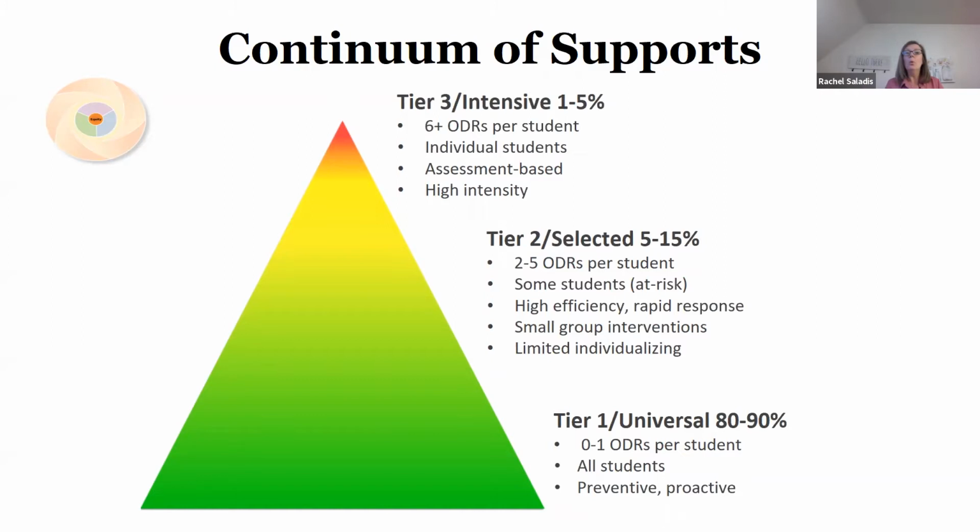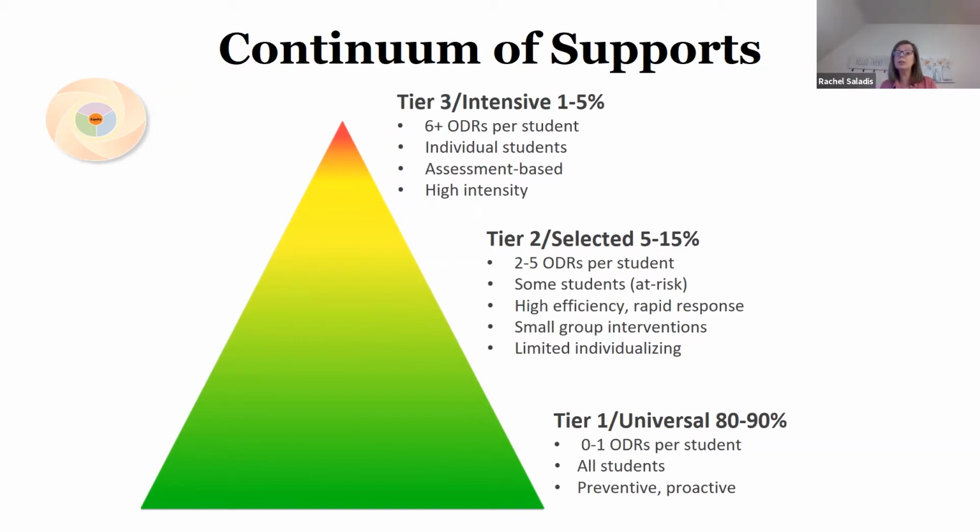So we also want to make sure that the lower level tiers are meeting the needs of adequate numbers of students so that the precious resources that it takes to fully implement strong Tier 3 have been reserved. For instance, if you have 15% of students that you have identified through your data rules as having Tier 3 needs, it is vital that you go back and look at Tier 1 and Tier 2 and planfully address the ways that those lower level tiers can meet the needs of more students.